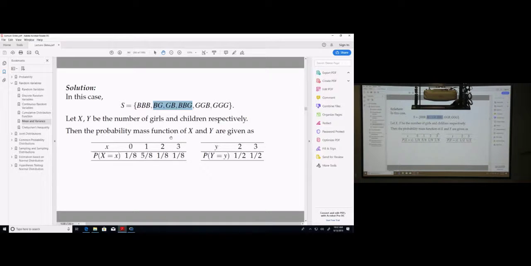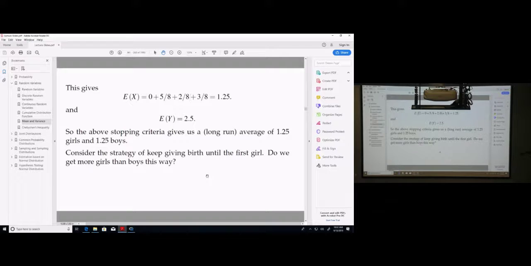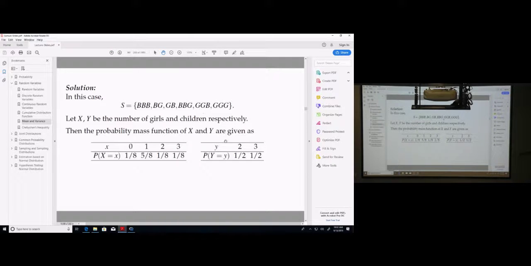So you can just concentrate on this table, and so we are able to find out the expected number of girls. So the expected number of girls is 1.25, and then similarly, the number of children will be either 2 here or 3 here. 3 will correspond to the last 3 outcomes, and so this would be 1/8, 1/8, 1/8, 1/8.